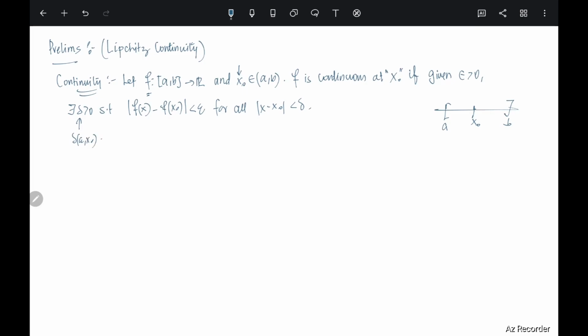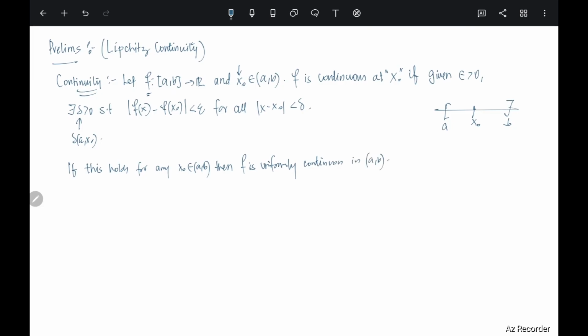Also we know that if this delta is independent of x0, so if this holds for any x0 in [a,b], then f is uniformly continuous. So basically it does not really depend on x0. Uniformly continuous in [a,b]. This is what we know from our real analysis.